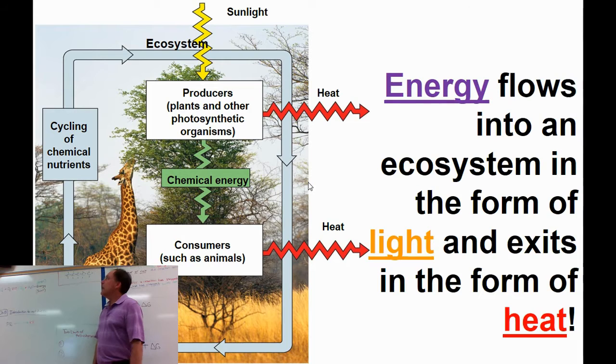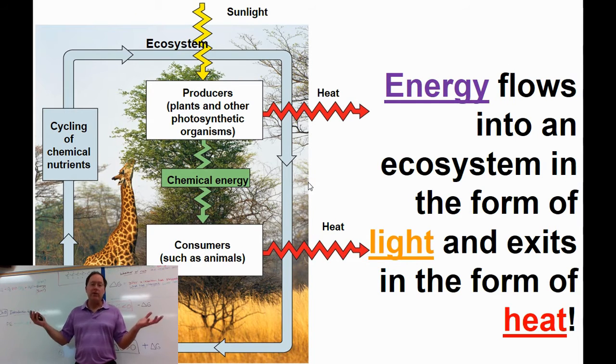Energy flows into an ecosystem in the form of light and exits in the form of heat. There has to be a constant supply of new energy in the form of sunlight, or this whole thing breaks down. So that's what happened with the dinosaurs when purportedly at the KT event, the Yucatan Peninsula of Mexico, when that Mount Everest-sized meteor hit, and it put up dust for about 2 to 3 years in the atmosphere.